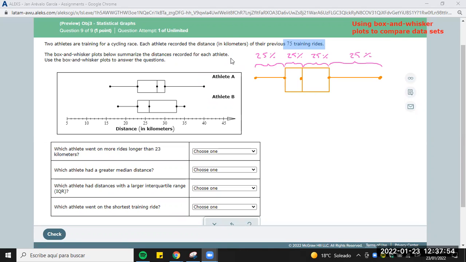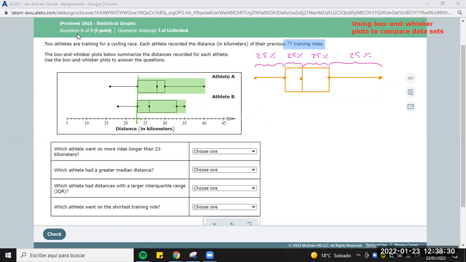So the first question says, which athlete went on more rides longer than 23 kilometers? I'm going to put a line over here so you can see. I'm sorry, there is more than one line in there, but it doesn't matter. Both of them, athlete A and athlete B, have the same 75% greater than 23, you see?